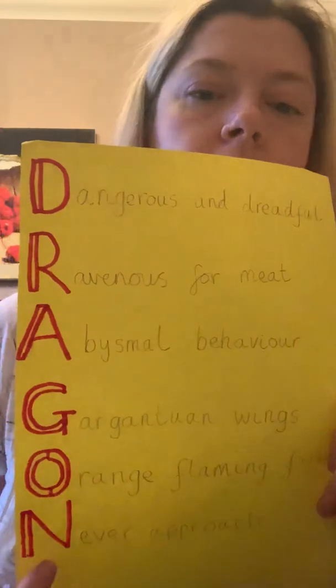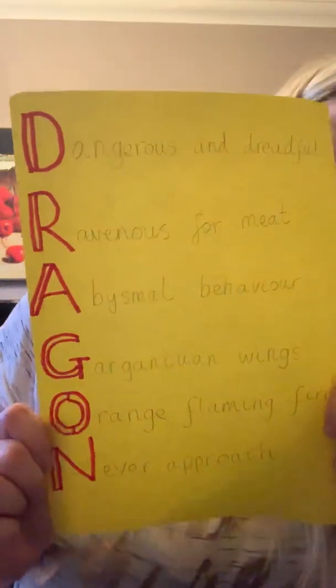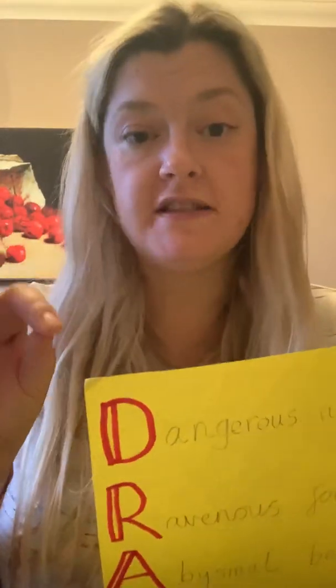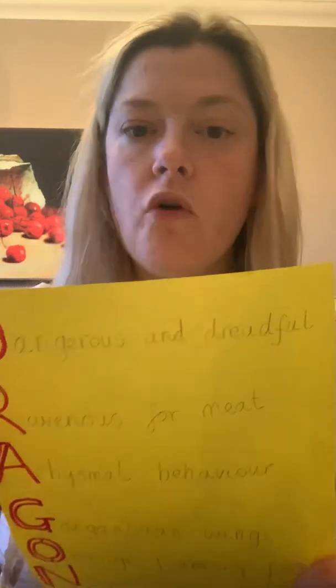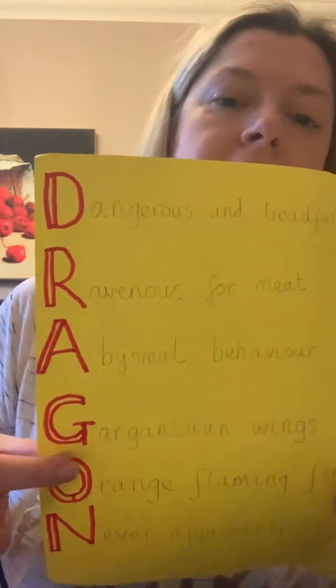I'm not sure you could have orange. You might have to think of a different word. Never. You might have to think of a different word for that as well. So your job is to have a go at writing an acrostic poem about dragons. Now remember, reception, if it's too tricky to write more than one word, you can just write one word for each letter.